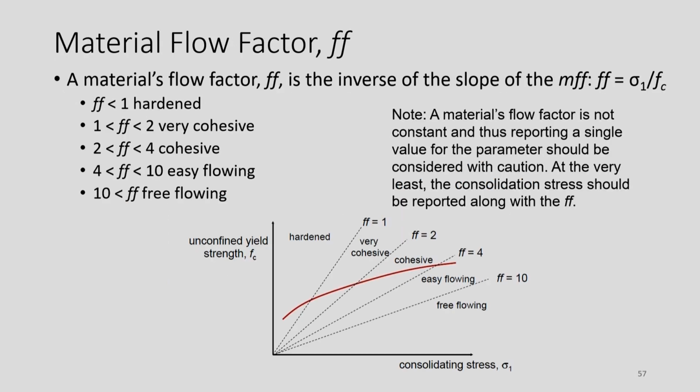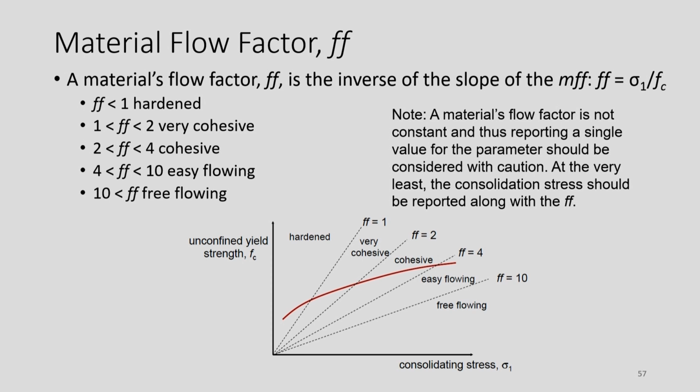Now, the flow factor is calculated from the material flow function. It's the inverse of the slope of the material flow function, where MF is the material flow function. So the flow factor is a ratio of the consolidating stress over the unconfined yield strength. How do you calculate slope?